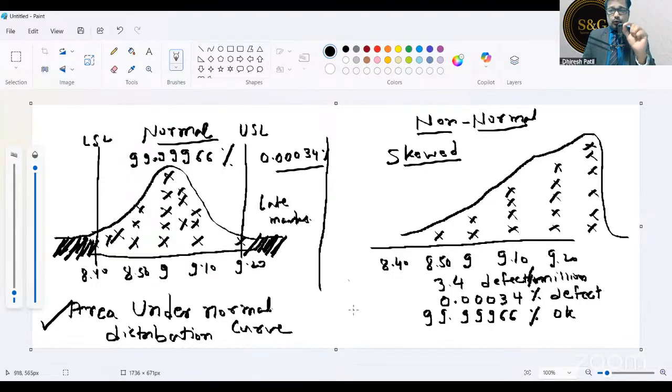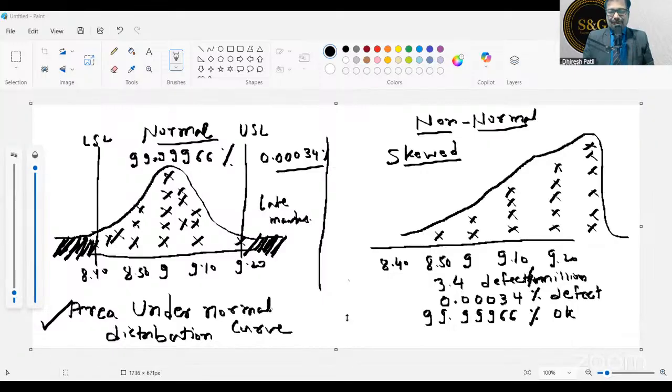Now, how do we come to know whether the data is normally distributed or not? How do we come to know that? For example, let me share with you a data. Just a second. Yeah, let me share with you our most used Minitab file.